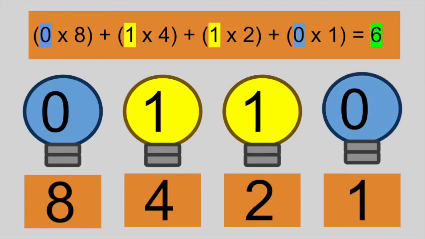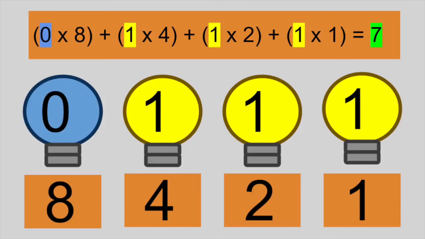To represent 6, we add 1 times 4 plus 1 times 2 plus 0 times 1. So we have 4 plus 2. To represent the value 7, we add up 1 times 4 plus 1 times 2 plus 1 times 1, so 3 ones.